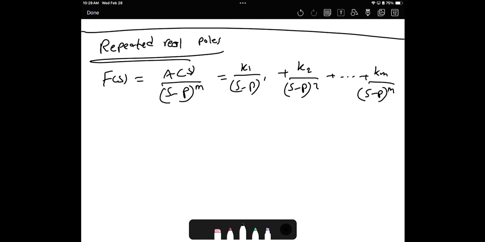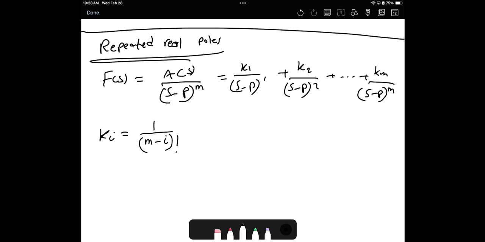Now, how to find the k's? Now we know how to find the poles and how to do the partial fraction, so the other thing is to calculate k. So k_i will equal this formula. You need to either memorize it or write it in your notebook, because we will use it. It will be 1 over (n minus i) factorial, and we know factorial, right? Like 3 factorial is 3 times 2 times 1, 4 factorial is 4 times 3 times 2 times 1.